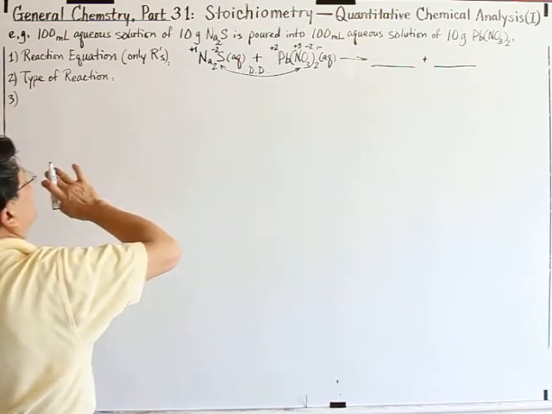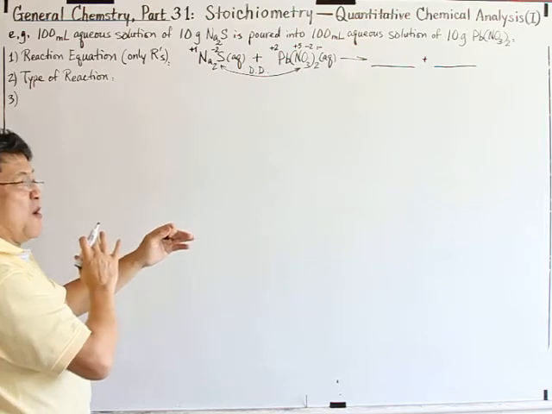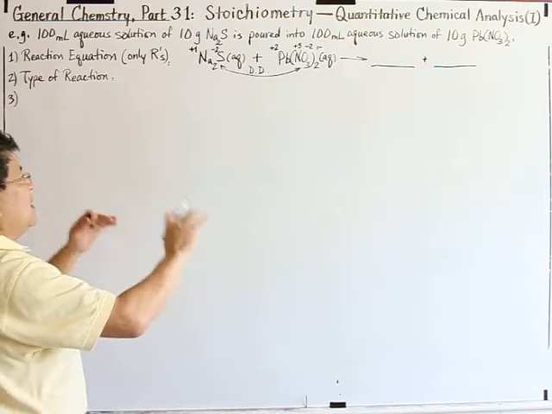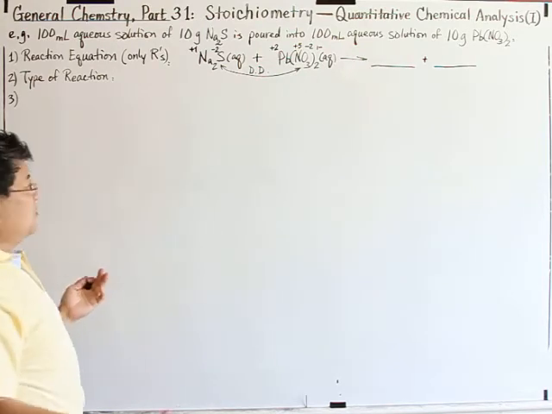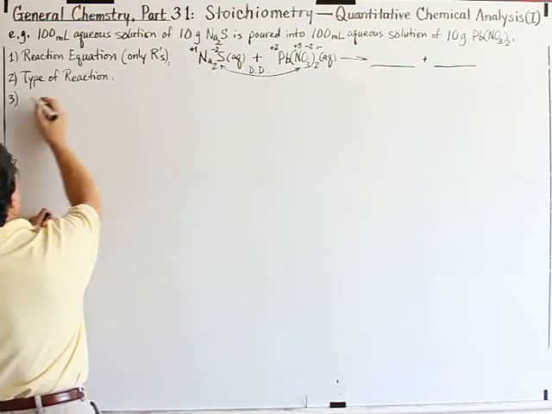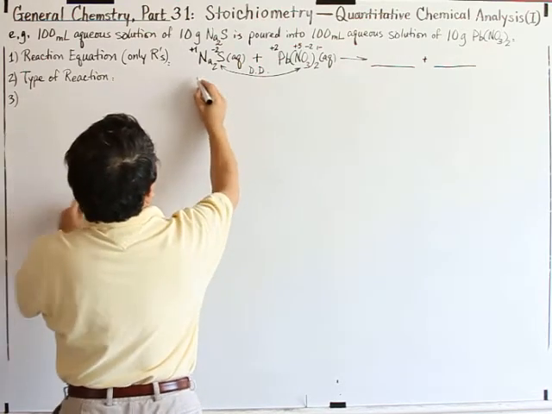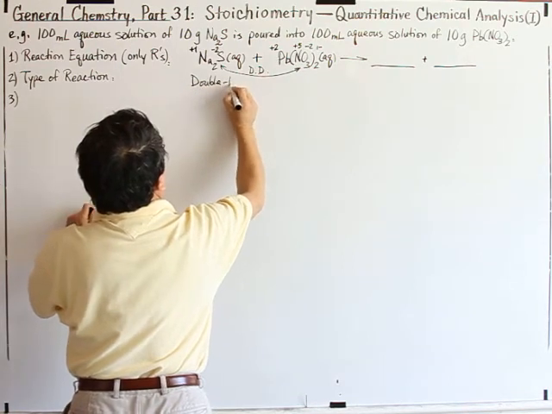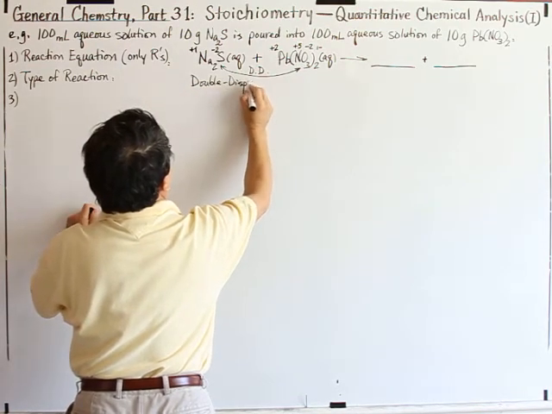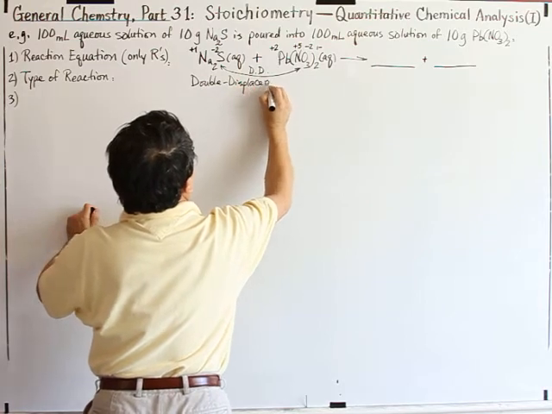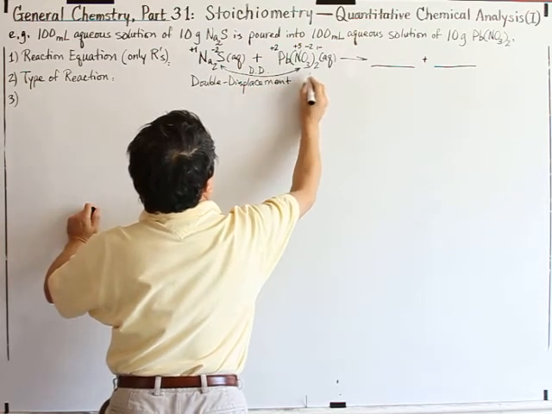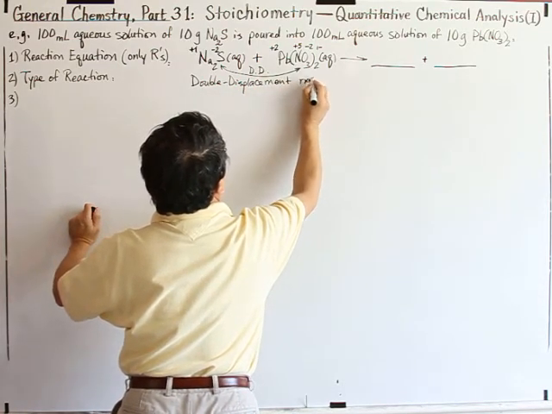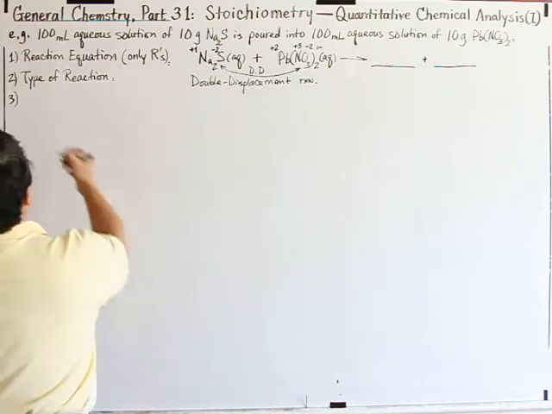After you exchange the anionic partners and they form new compounds, that's the only thing we are able to determine. So the type is double displacement reaction, all right?